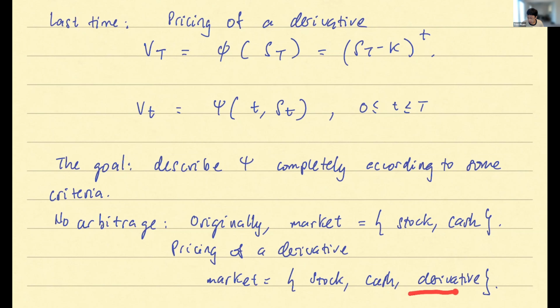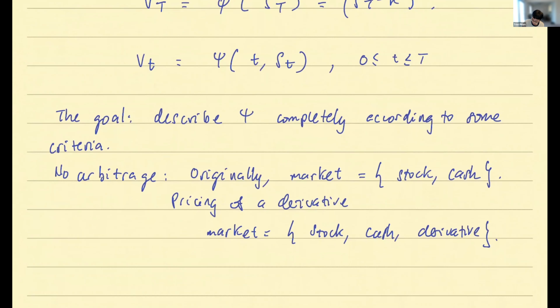Then essentially by pricing, because you're selling this product, you're the market maker, you introduce a new product into the market, which can in turn be bought and sold. So the point is that your market becomes more diverse, more rich. Before, a portfolio in your market only consists of stock and cash. Now it consists of stock, cash, and the new derivative. So at least potentially, a portfolio can be formed.